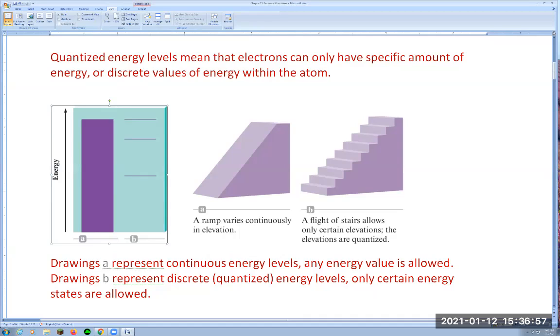And so in the atom, it would be more like a flight of stairs, the analogy for where the electrons can land. It only allows certain elevations, and we said those elevations are quantized. You cannot be in between a step, right? Electrons can have only very specific values that correspond to steps. So that's how you can visualize things to help you understand what it means to have quantized energy levels.